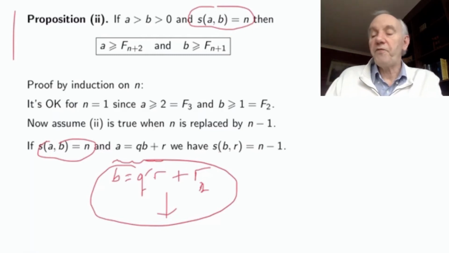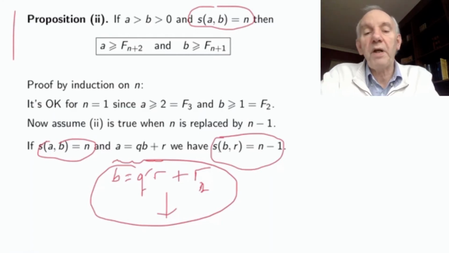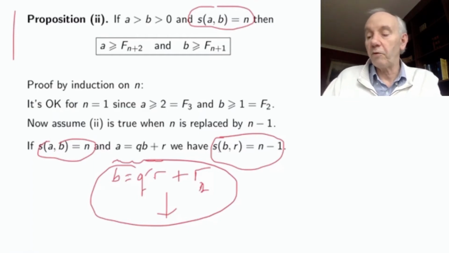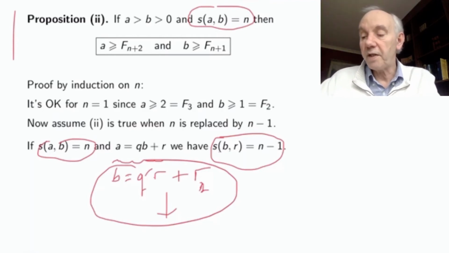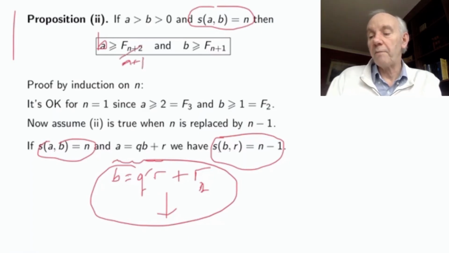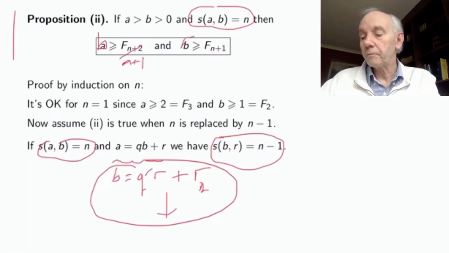So if S of AB is equal to n, we can assert that S of BR is equal to n minus 1. So now we can apply our inductive hypothesis, because we have two numbers for which the number of steps is n minus 1. That will tell us, the numbers are no longer called A and B, they're called B and R, that B has to be at least as big as, not f of n plus 2 now, but f of n plus 1, because n has been replaced by n minus 1, and R has to be at least as big as f of n.